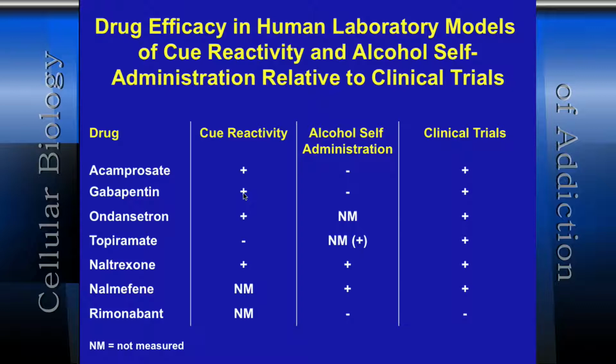When you had an antagonist that blocked that system, like naltrexone blocks the endogenous opioid system, and it did not show efficacy in a human laboratory model of alcohol self-administration, that was like, uh-oh. But nonetheless, the drug company went ahead with a very large multi-center trial, and that was a complete bust.